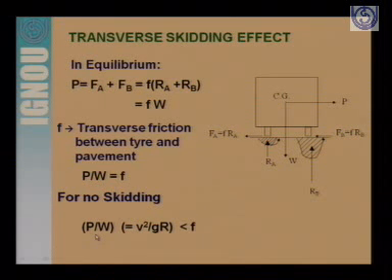So for the no skidding condition, that P by W, which we saw earlier as the impact factor, calculated as V square upon GR, should be less than F. Means this value V square upon GR should be less than the transverse friction generated between the tire and the pavement. So here again two things are there.